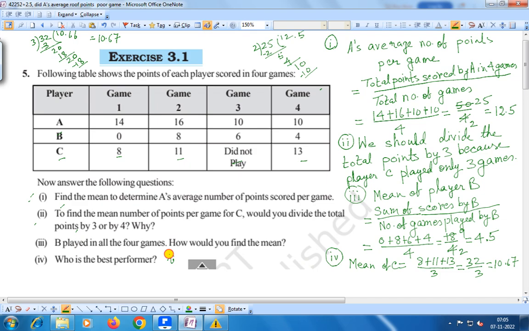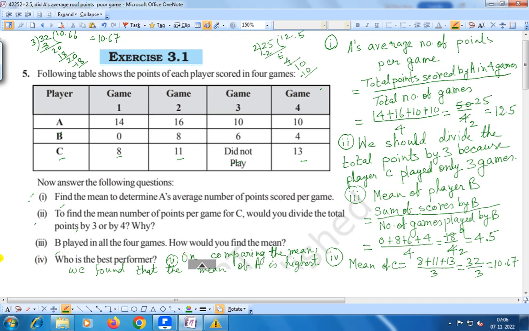Here we are writing the answer of question 5. On comparing the means, we found that the mean of A is highest, that is 12.5.